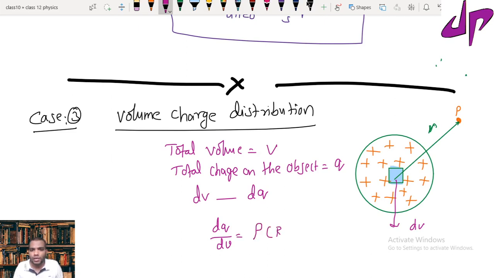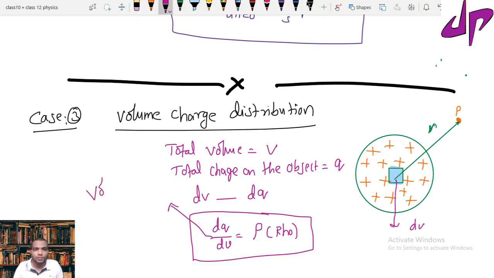This we define as volume charge density, which means charge per unit volume.